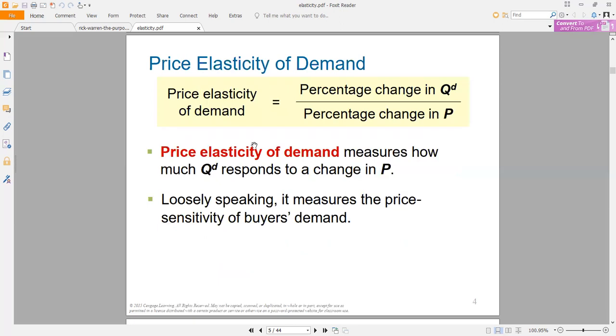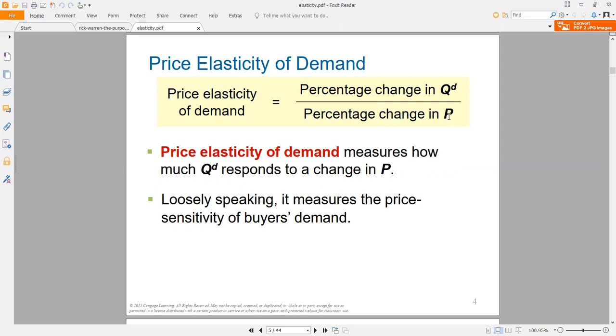Right, so the formula for finding price elasticity of demand is the percentage change in quantity demanded divided by the percentage change in price. So it just measures how much quantity demanded will respond whenever there is a change in price.